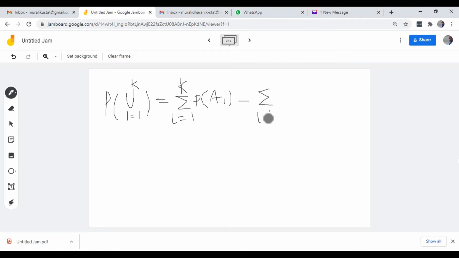I cannot be equal to j because if i and j are same, then events will be same. So i should be less than j, and should be 1 to k.